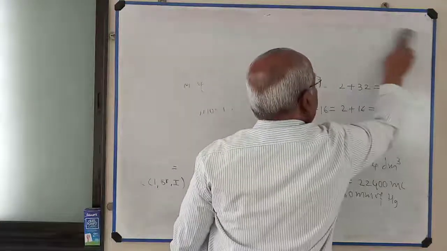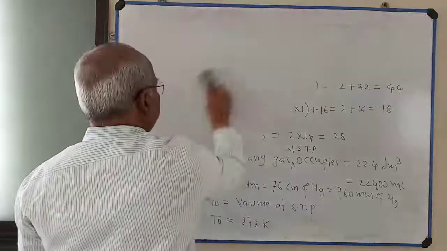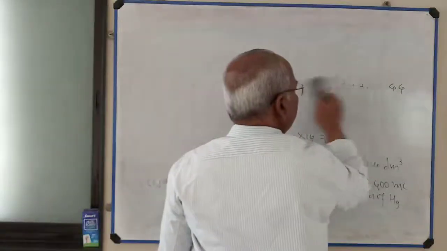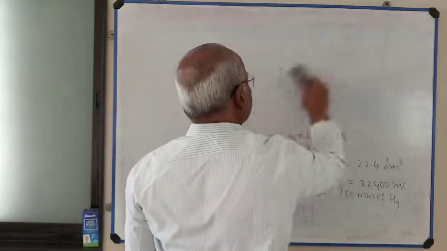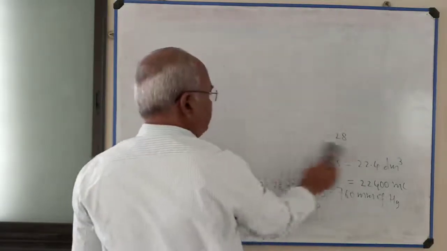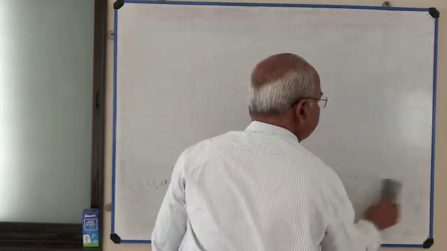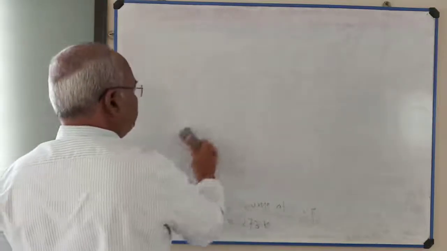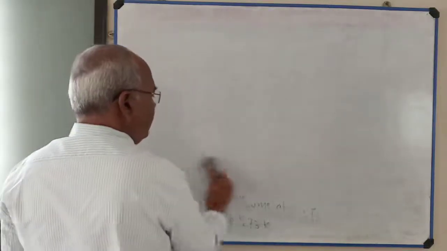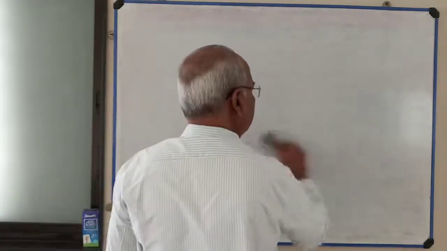So estimation of carbon and hydrogen is very simple. I am going to explain in short. If you want to acquire extra knowledge, you can read NCERT books. I am going to explain these points from the examination point of view.